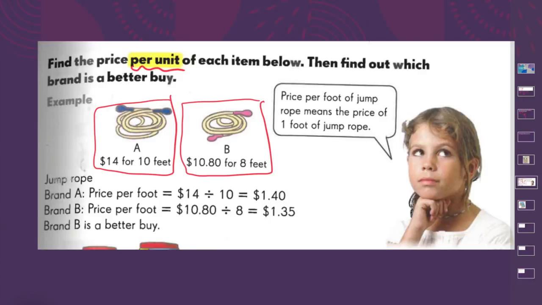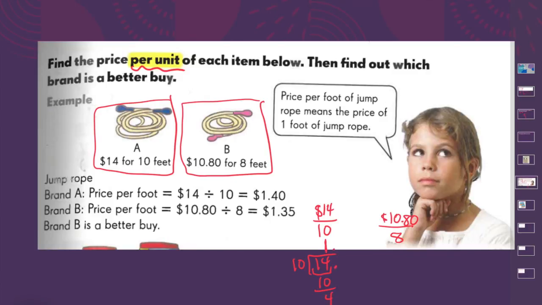Okay, so let's start by working with brand A, $14. So the price over the number of units, so $14 for 10 feet. And our other option is $10.80 for 8 feet. Okay, so to do this, we need to divide. So $14 divided by 10 units, or 10 feet. 10 goes into 14 once, with 4 ones left over.